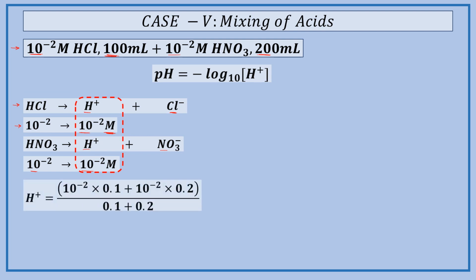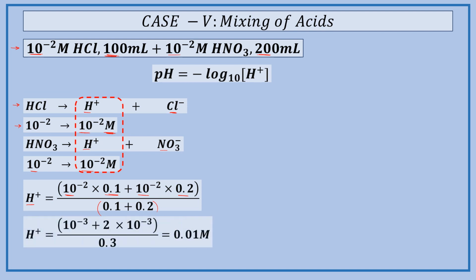The concentration of H plus will be calculated like this: 10 to the power minus 2 molar HCl solution times 0.1 liter HCl plus 10 to the power minus 2 molar H plus concentration from HNO3 times 0.2 liter, and divided by total volume 0.1 plus 0.2. This will give us the H plus ion concentration to be equal to 0.01 molar.